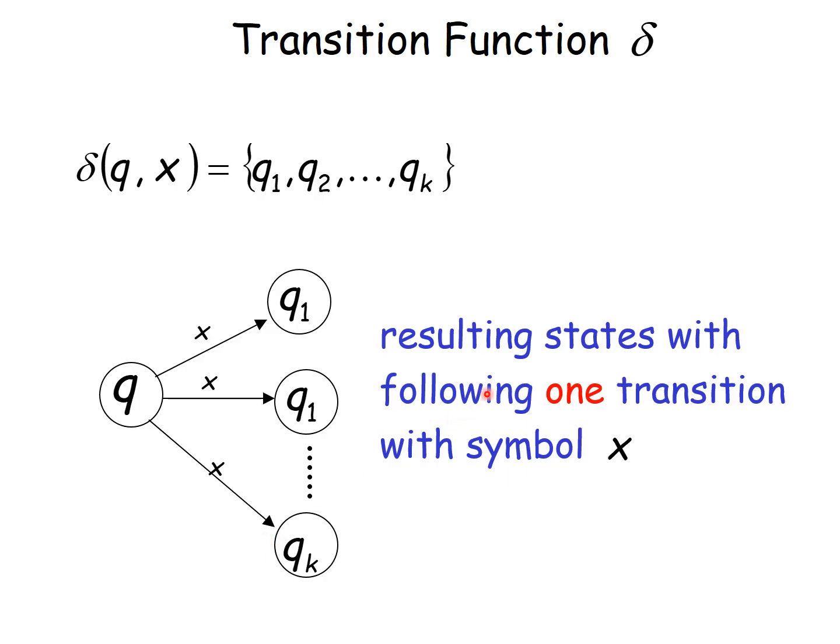These are the resulting states following one transition with symbol x. To summarize this slide, the NFA can have multiple transitions on the same input symbol, whereas a DFA has only one transition on every input. There is no multiple transition. That's the difference between DFA and NFA.